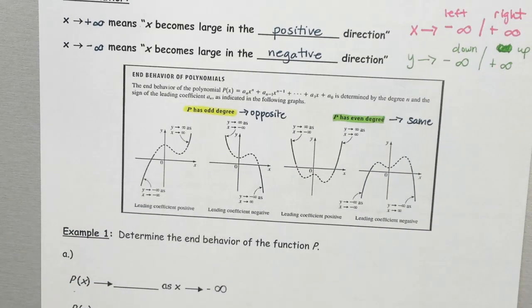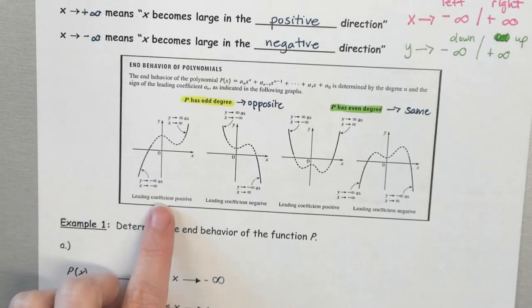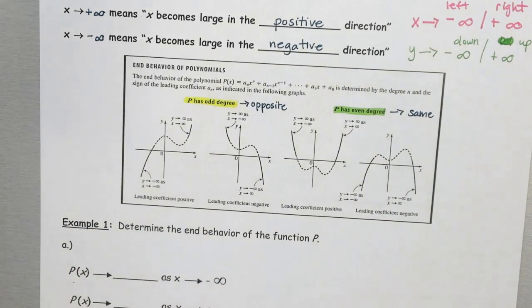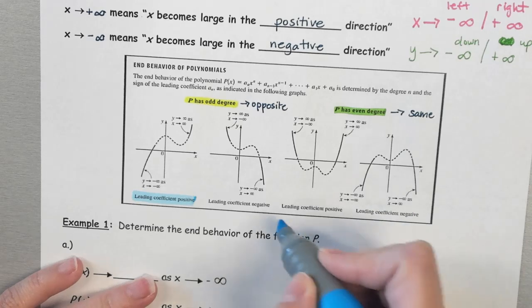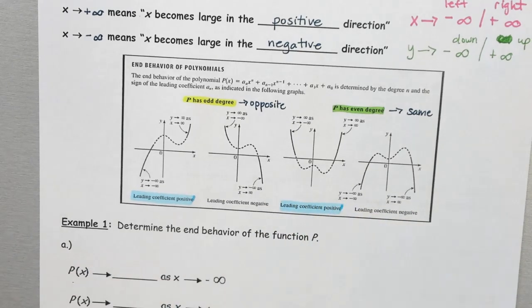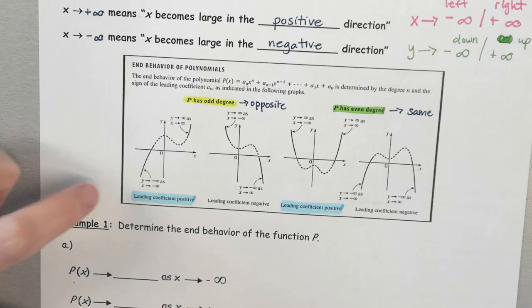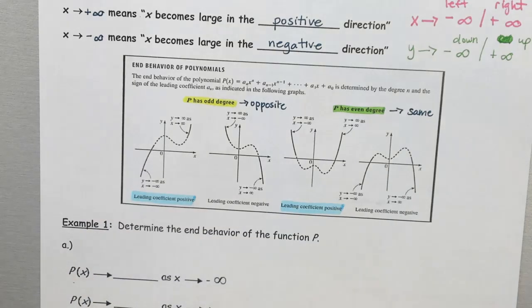Okay, the other thing you have to look out for is the leading coefficient. So if you look at this table, they classify, if you have positive, you have this chart and you have this chart. Do you guys remember what the positive leading coefficient tells you? Yep, and it's a specific place.